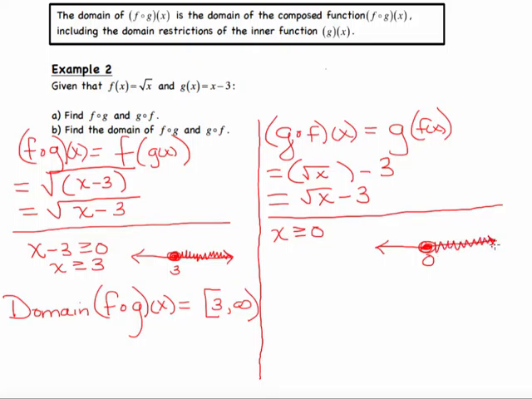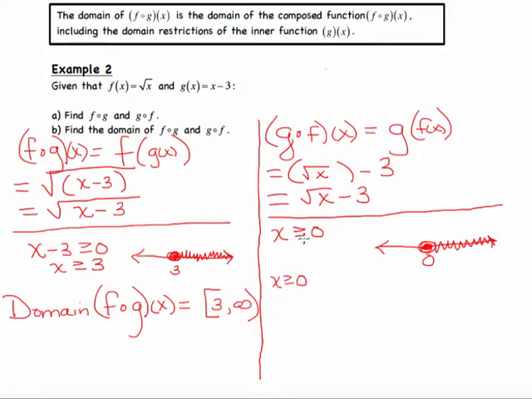And now I just have to find any additional domain restrictions from my inner function f of x. So I'm going to go ahead and look at f of x, and I see that my inner function is the square root of x, and it has an even root, and I need to take that and set that greater than or equal to 0. So the radicand underneath is just x is greater than or equal to 0.